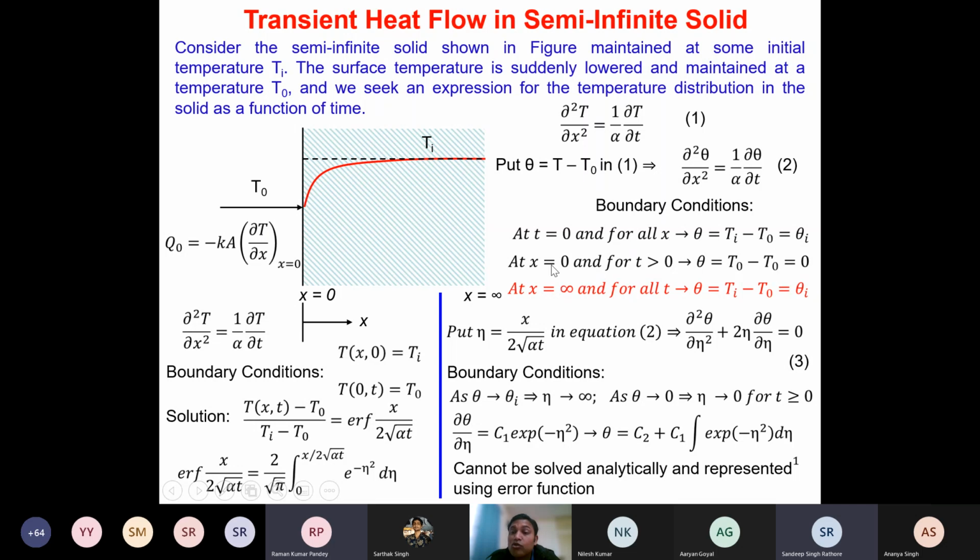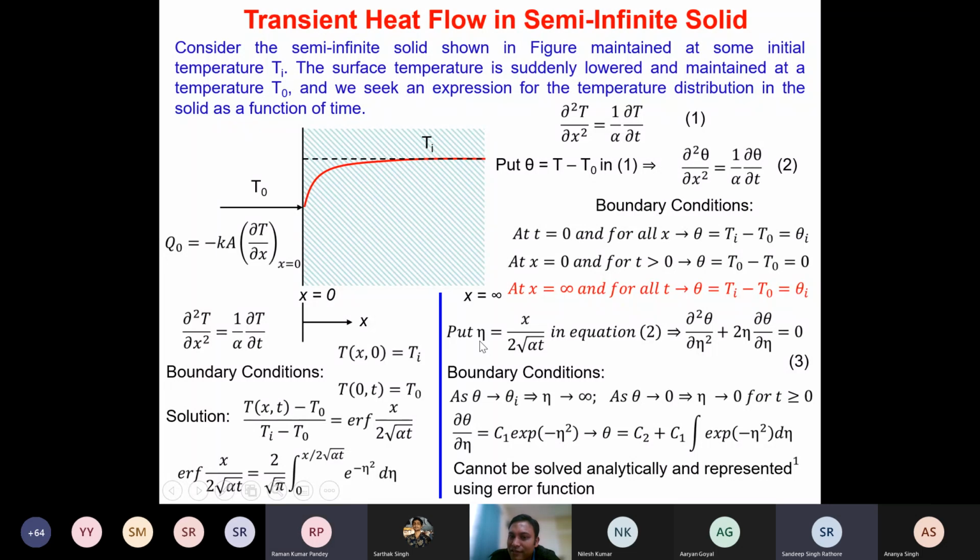So see, that second condition we will come to. First, look at the first condition. Let's look at each condition individually. When theta equals to theta I, your time t equals to 0, isn't it? If you put that here, you get eta equals to infinity. Let's look at the other condition also, when you get theta equals to theta I at x equals to infinity. If you put x equals to infinity here, then also you get eta equals to infinity.